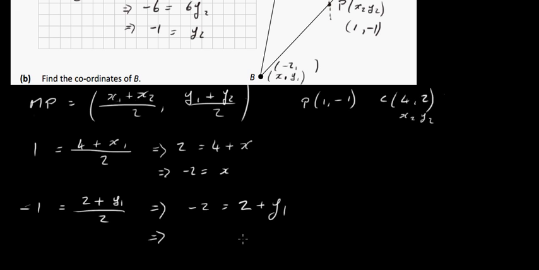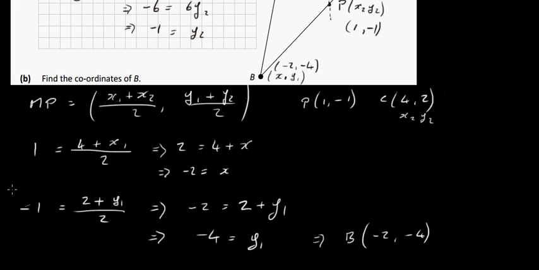So that's just going to give me a y1 of minus 4. So this is minus 4 here. Okay, so that's it. I have my coordinates for b here. So that means b is minus 2, minus 4.